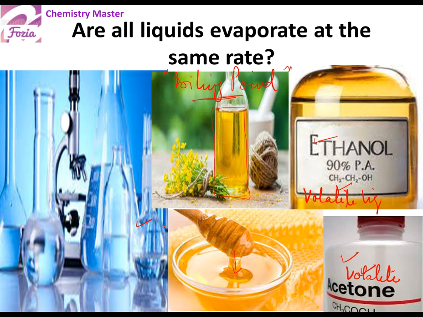Now we come to water. Water, whose boiling point is 100 degrees Celsius, also evaporates quite quickly, but liquids such as oil, whose boiling points range above 350 degrees Celsius, do not evaporate much at lower temperatures, and we cannot observe the quantity decrease.